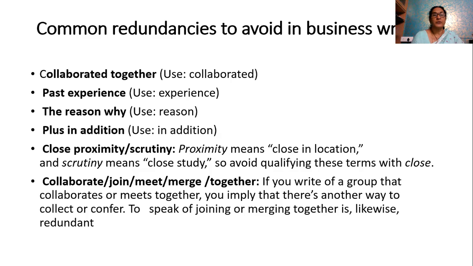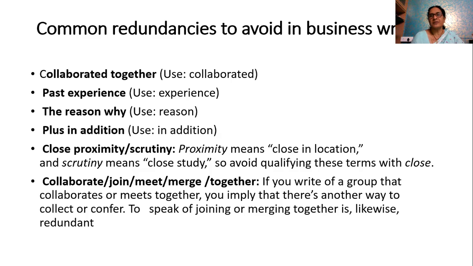"Close scrutiny." Scrutiny means doing word by word, maybe letter by letter, observing point by point, very careful observation. So instead of close scrutiny, you can say scrutiny is done. Maybe answer booklet scrutiny is done means they observed everything.